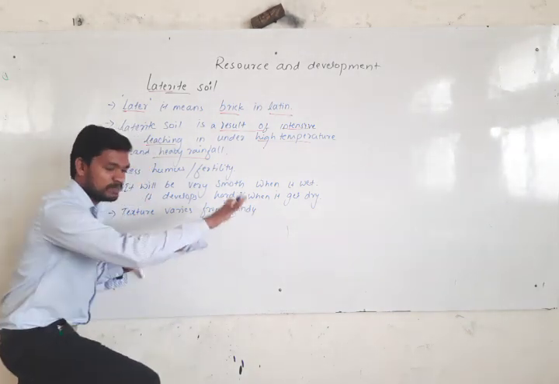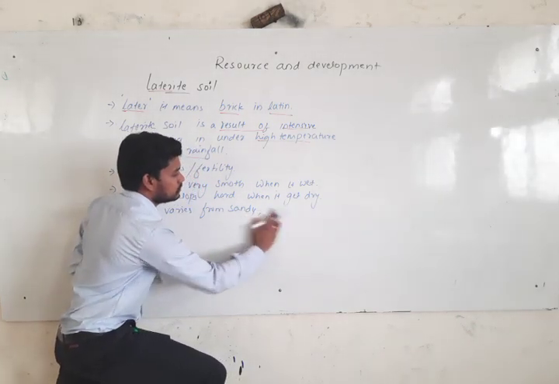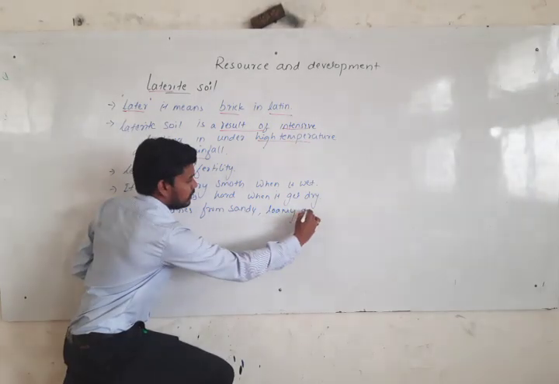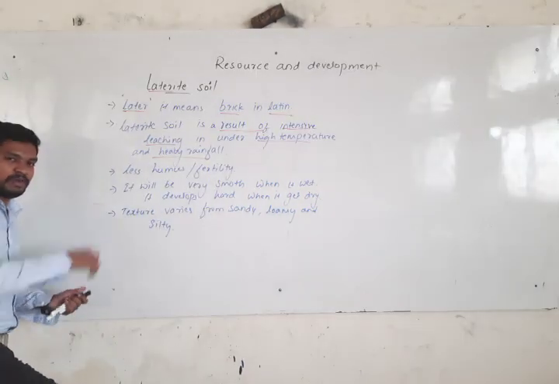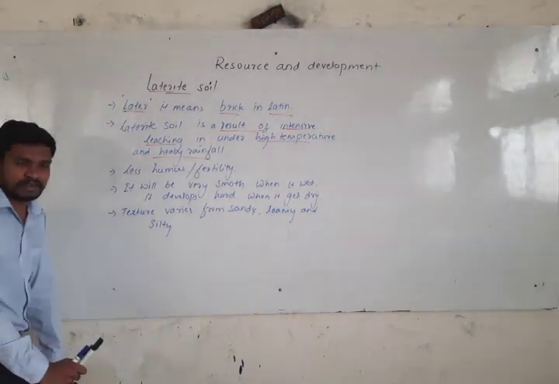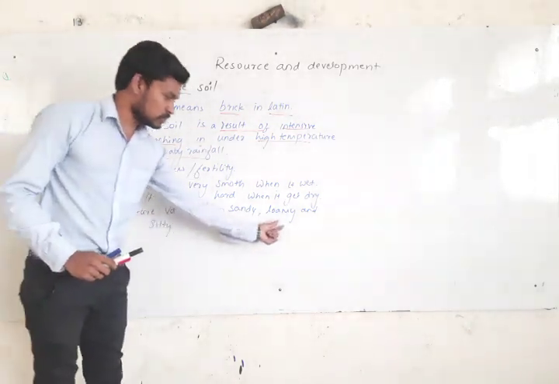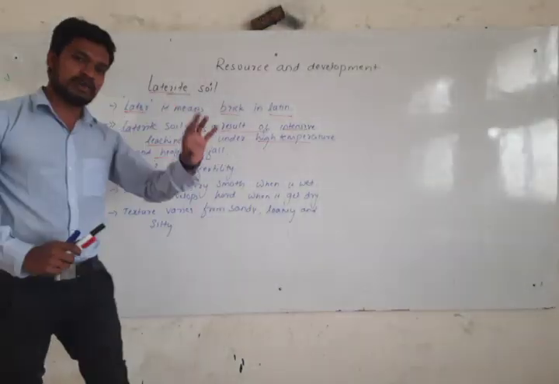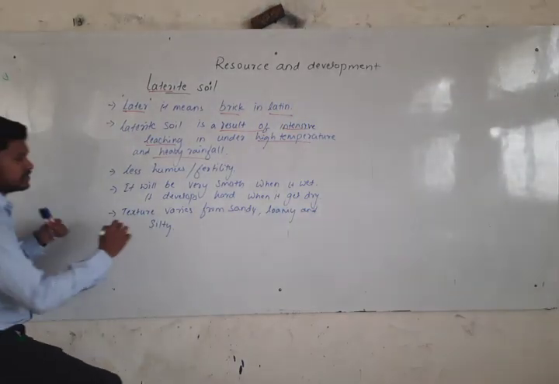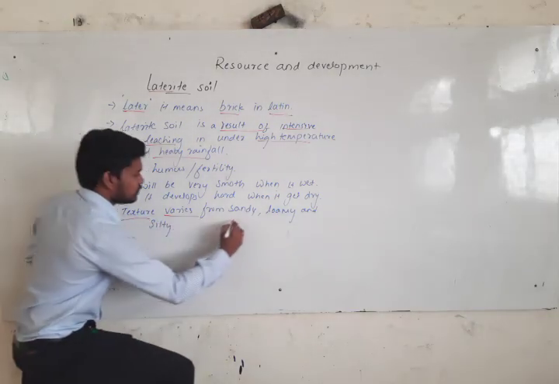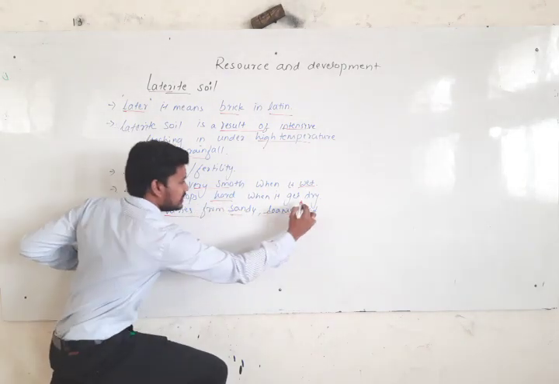As you go towards the southern part of India, you may get this soil in loamy and silt textures. These textures are seen in the size: sand has more size, and as you go towards loamy, the size decreases and the grains are somewhat less. So the texture varies from sand, loamy and silt as you go towards the southern part. It becomes very smooth when wet, and very hard when dry.